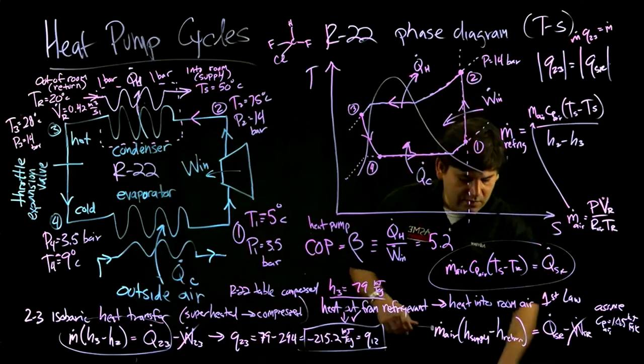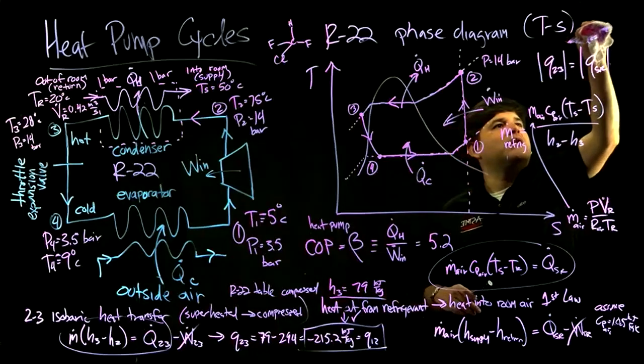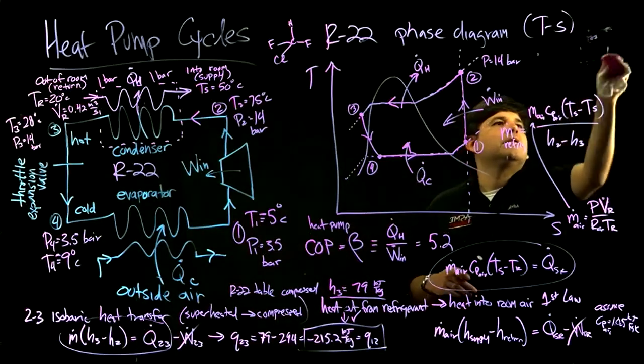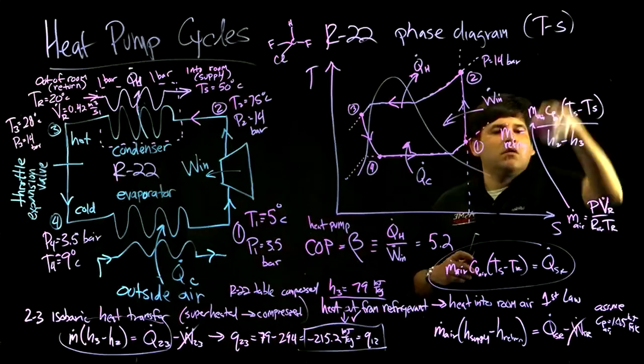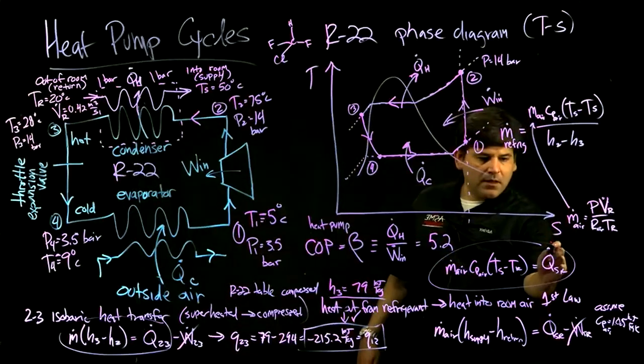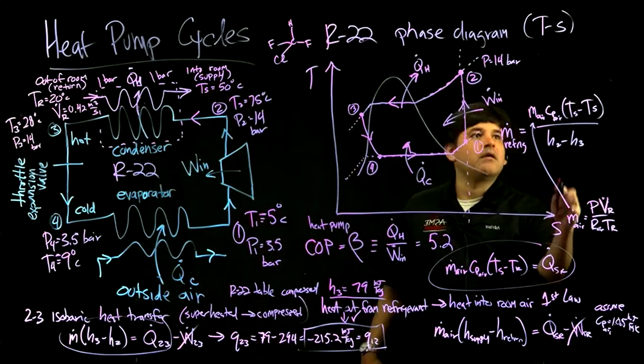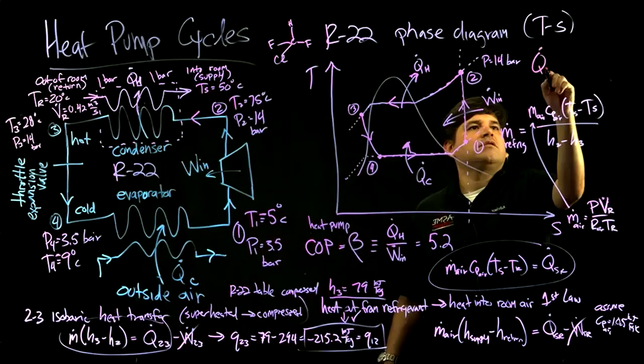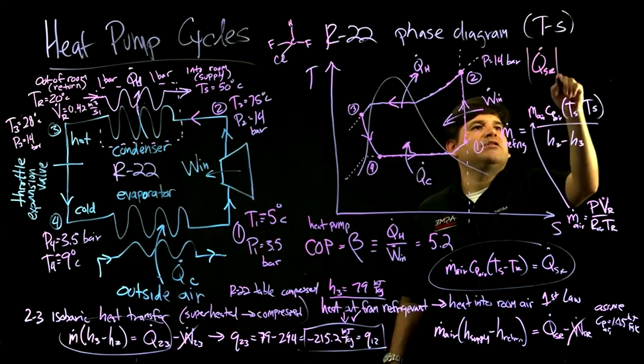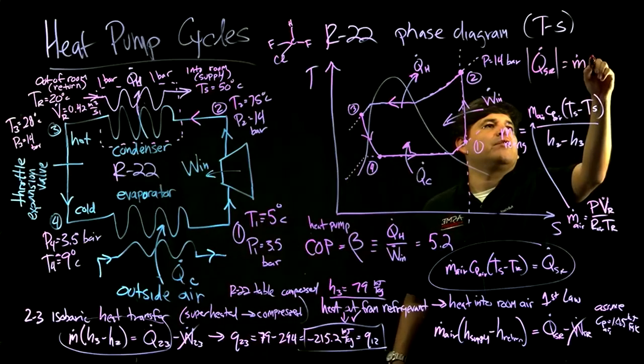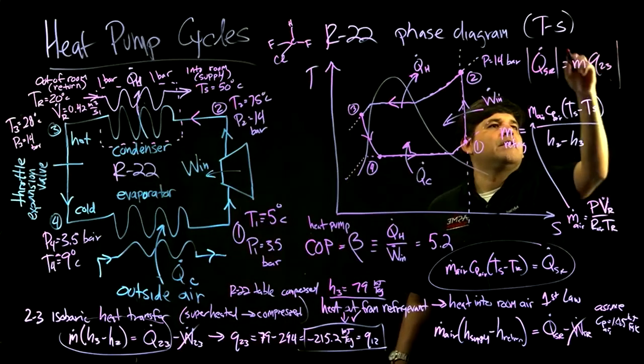So yeah, we know the total kilowatts. So let me write it here, I guess. Because we know the mass flow rate of air, we know that the total kilowatts, that magnitude, has to equal the mass flow rate of the refrigerant times Q23.